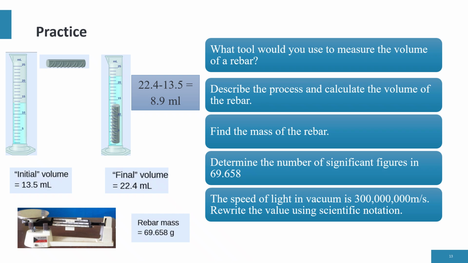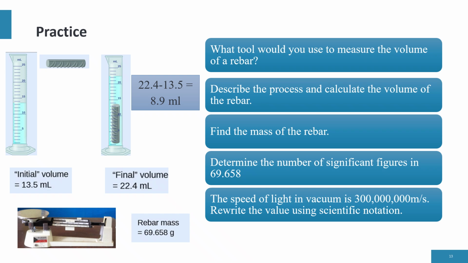So, can we determine that number in significant figures? Sure. I can go ahead and count how many significant figures we have. It looks like all of these are significant. 69.658 are all whole digits. Guess what? They all are important and significant, and we will not touch them.